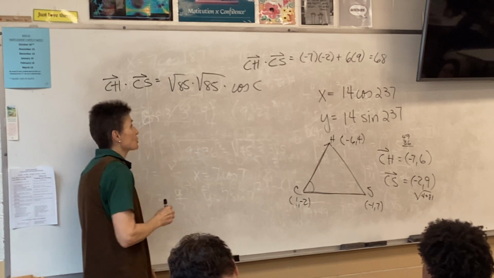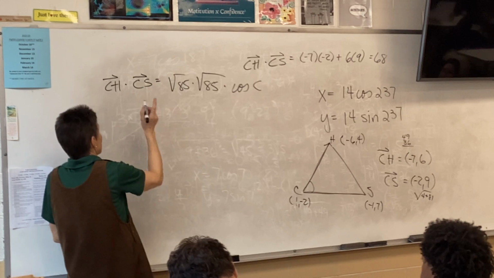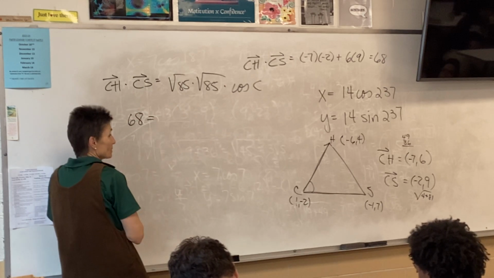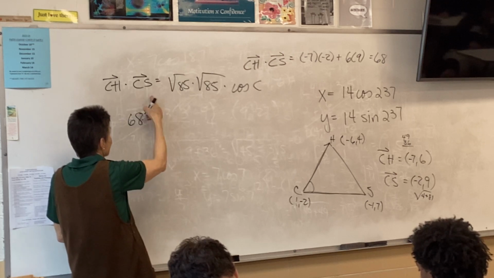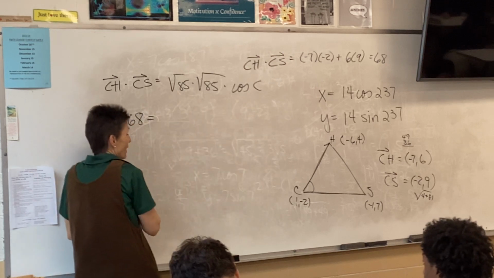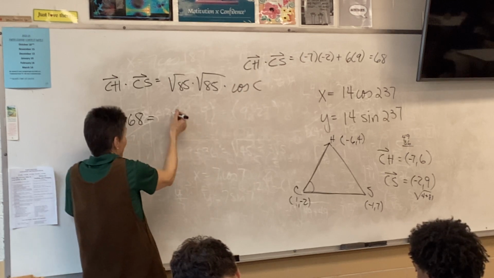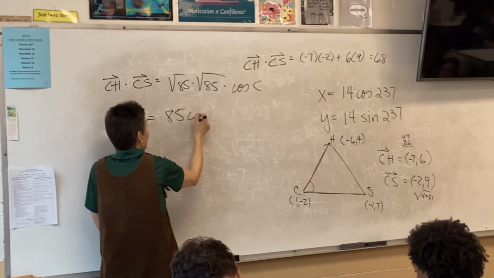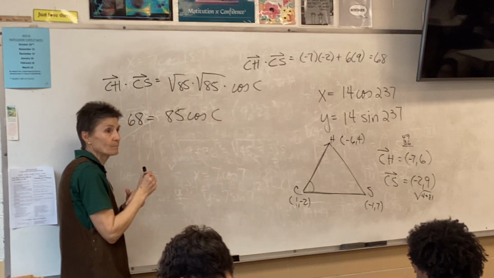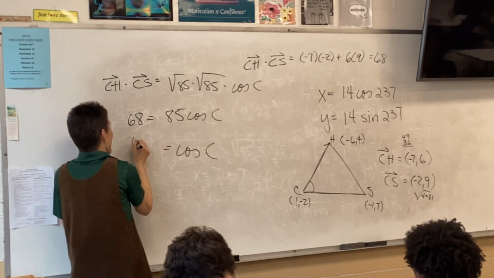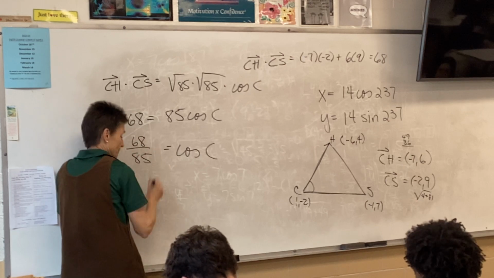Okay, so since the dot product is 68, I can say 68 equals all that. Usually we get some big radical, but those two happen to be the same, so just 85, times cosine C. So what do I type into my calculator to find angle C?